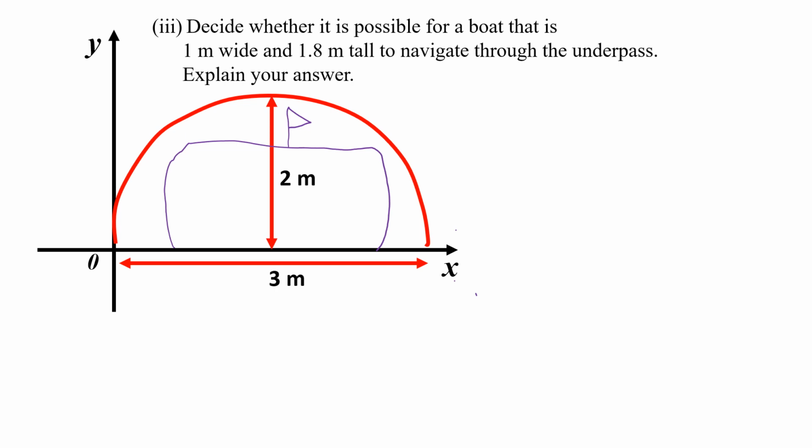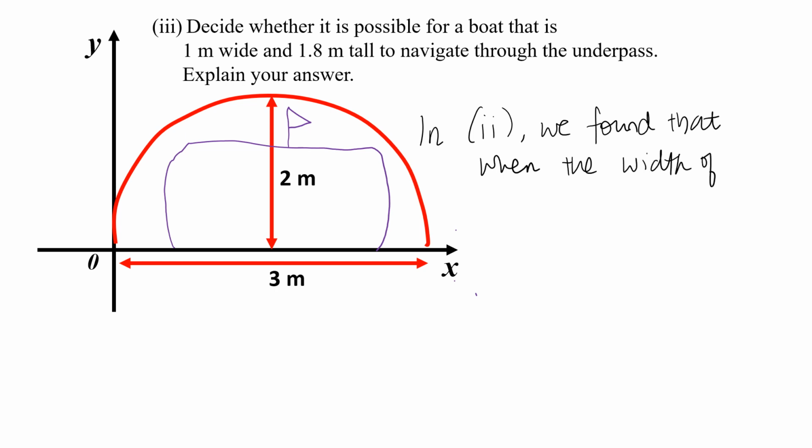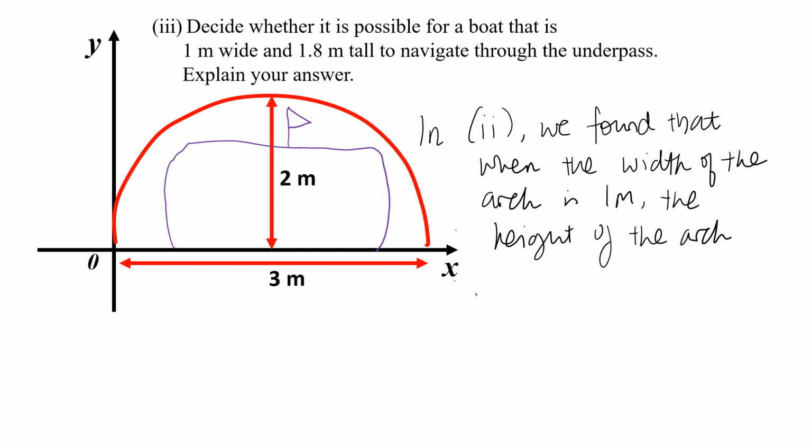So in part 2, we found that when the width of the arch is 1 meter, the height of the arch is 1 7/9 meters. That will be the maximum height.